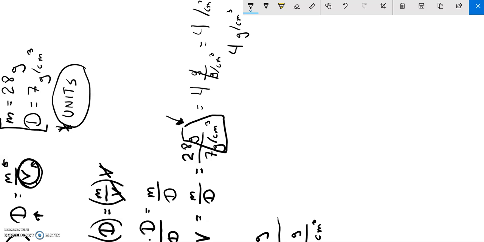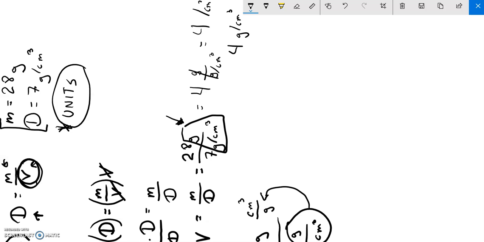So let's take this grams per centimeter cubed as our bottom fraction. Just like before, we're going to take that, flip it upside down. We're going to get centimeters cubed over grams.